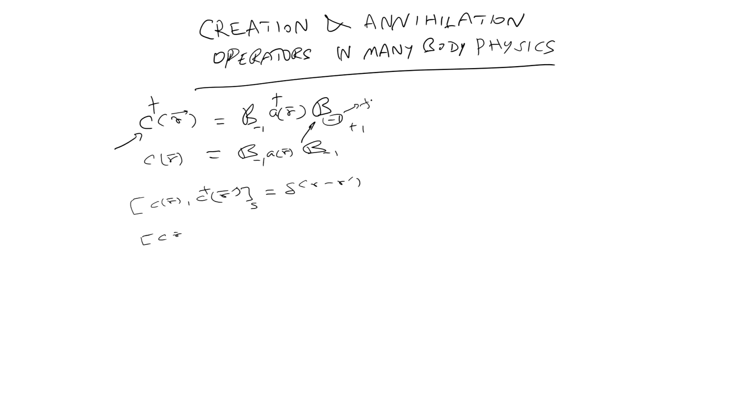So, this is fermion and this would be boson. The point is that this is somewhat easy, so I am going to skip this and focus on this first. I am going to try and see if I can prove this.